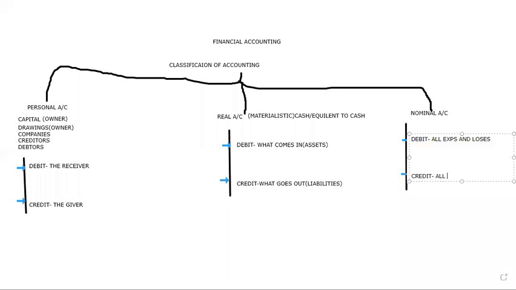And credit, then you consider all incomes and gains. So what it says is, first consider all expenses and losses, be prepared for them, then think about your incomes and gains. That is what your classification of accounting says.